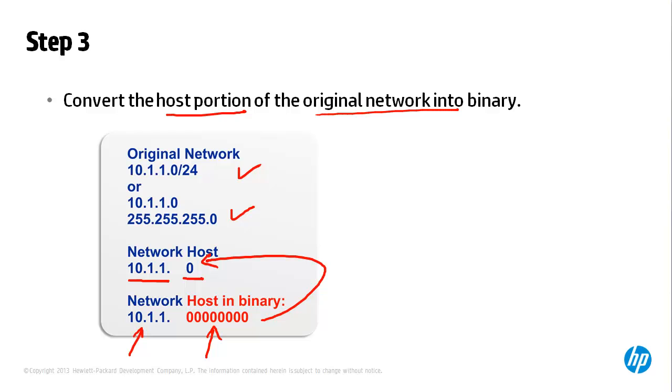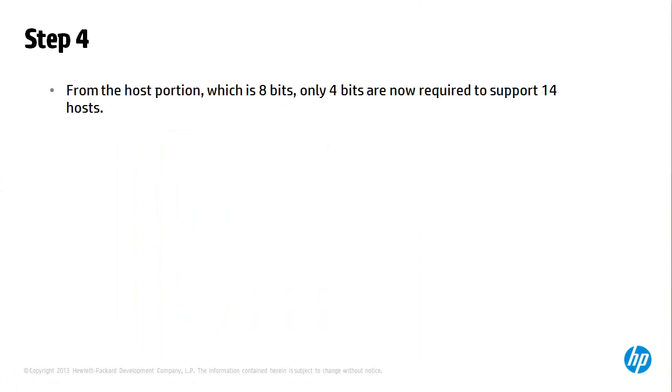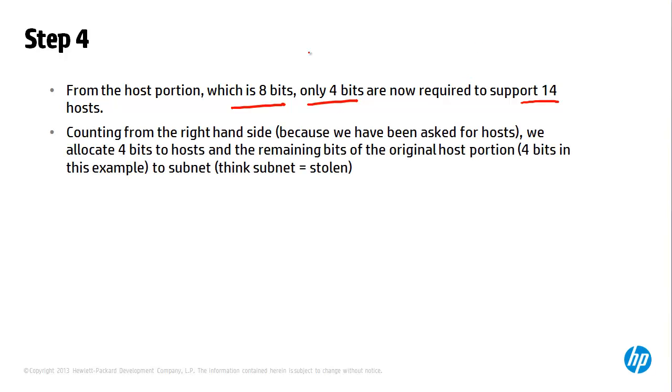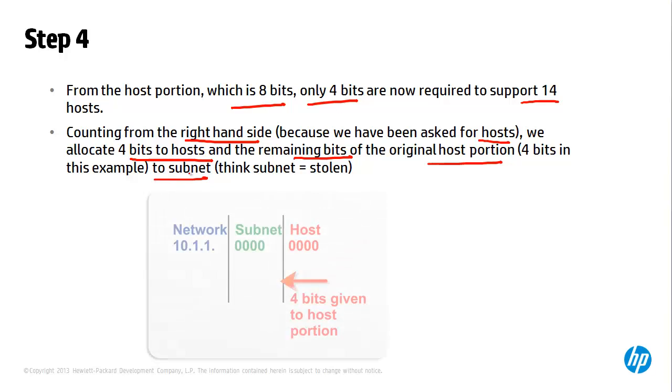We have taken our host portion and converted it to binary. So from the host portion, which is 8 bits in size, only 4 bits are now required to support 14 hosts. Counting from the right-hand side, because we've been asked for hosts, we allocate 4 bits to hosts, and the remaining bits of the original host portion, which is 4 bits in this example, is allocated to subnet.